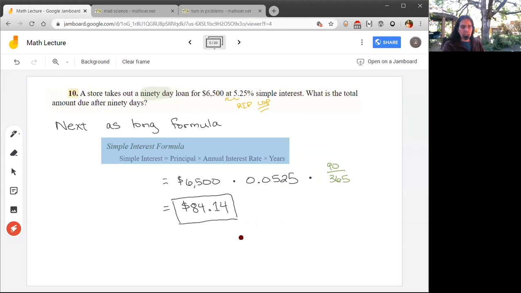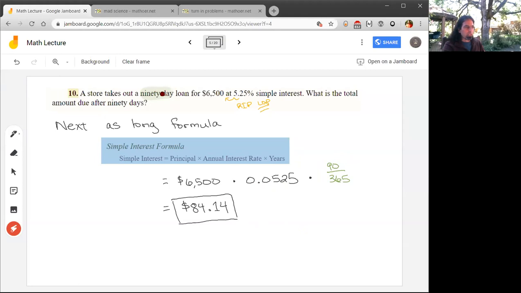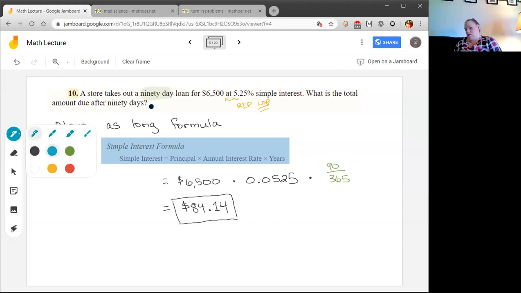Questions on that slide? So if you did it with months, it would just be the 60 over the 365. If you were to take 90 days and make months, it's like a 2 month loan, so you're just changing it then to 60 days instead of 90.